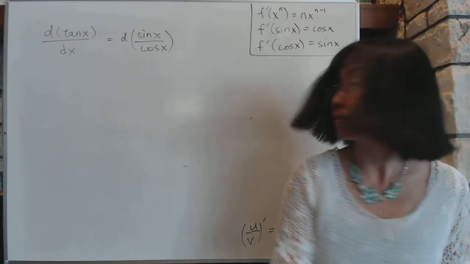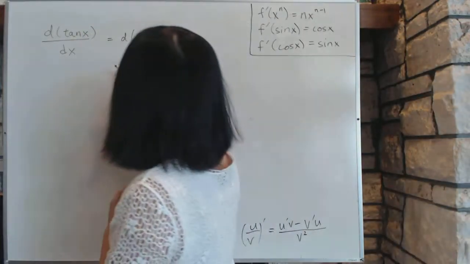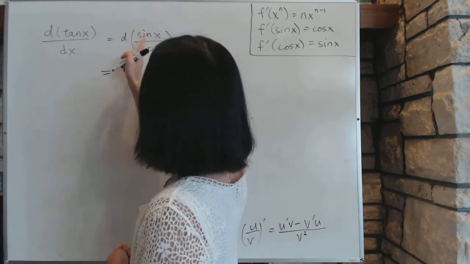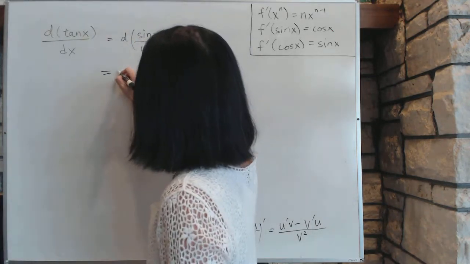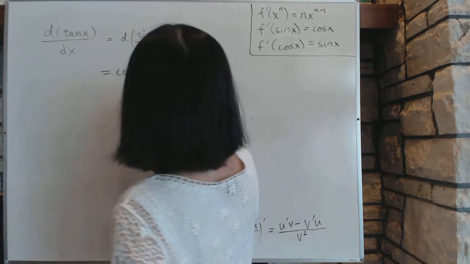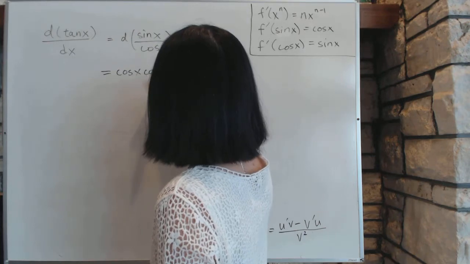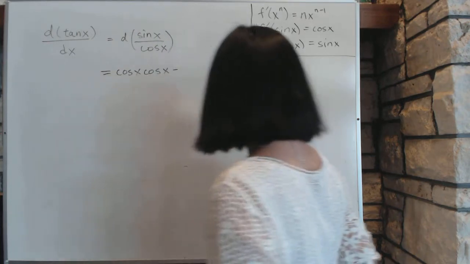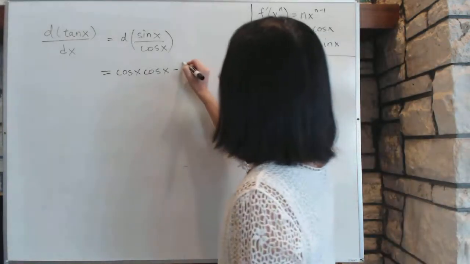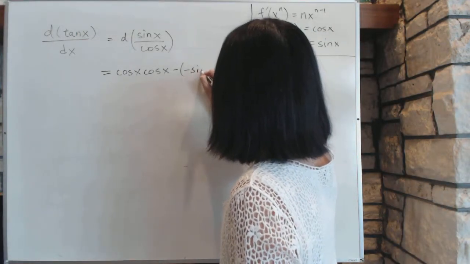To do that, we will follow the quotient rule, which says we'll take the derivative of u, the top, which is cosine x, times the bottom term, which is just cosine x again, minus the derivative of v, the bottom term, the derivative of cosine, which is minus sine x.